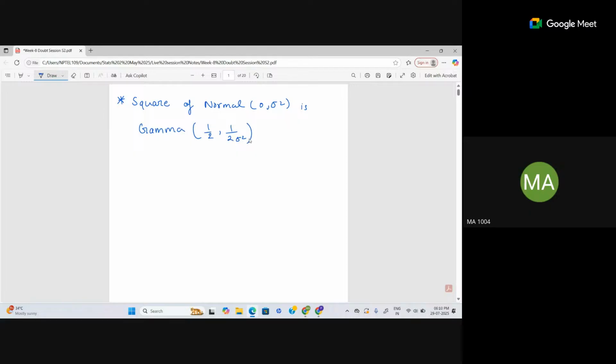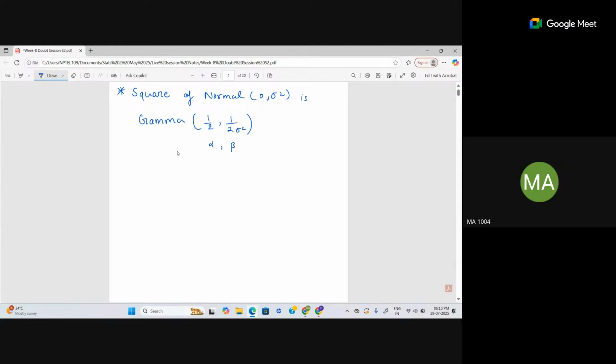Generally we represent the gamma distribution with parameters alpha comma beta, right? So here alpha is 1 by 2 and beta is 1 by 2 sigma square. And we know the mean and variance of the gamma distribution with parameters alpha comma beta.